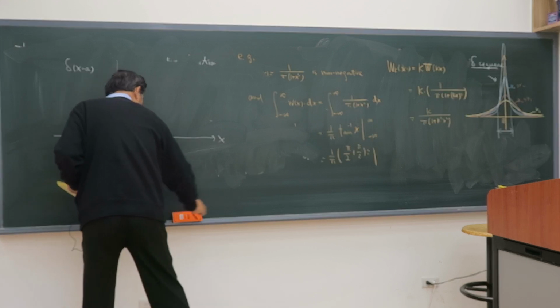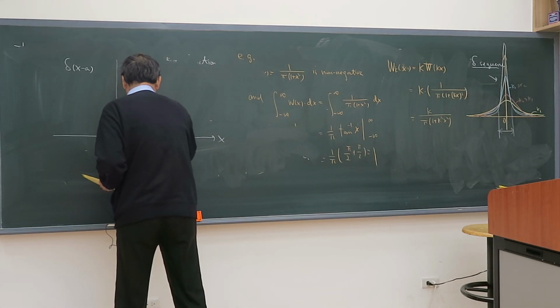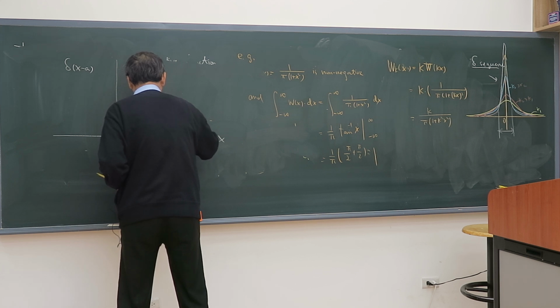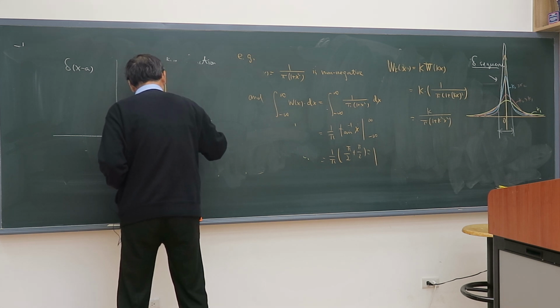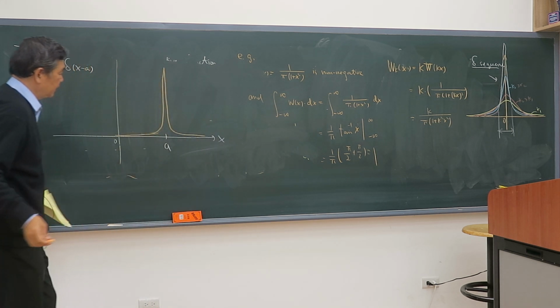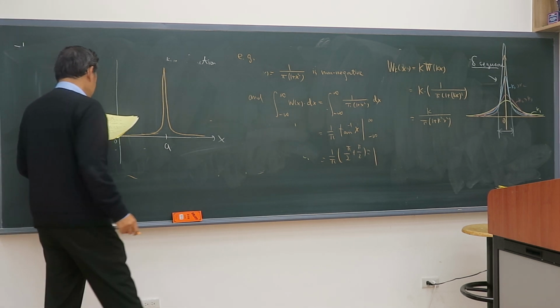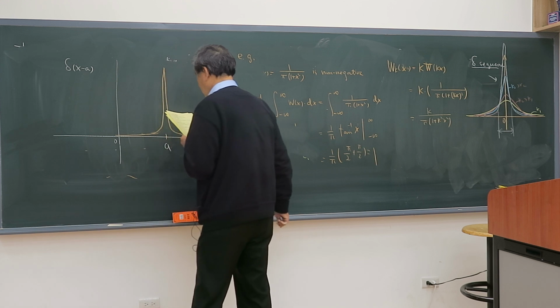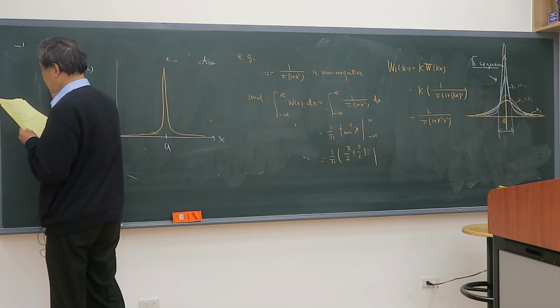The delta function is 0 except something like this. You will have a peak at a narrow band.